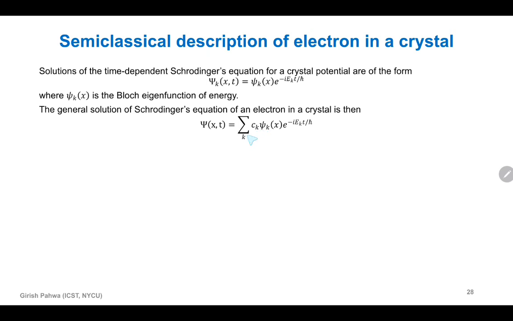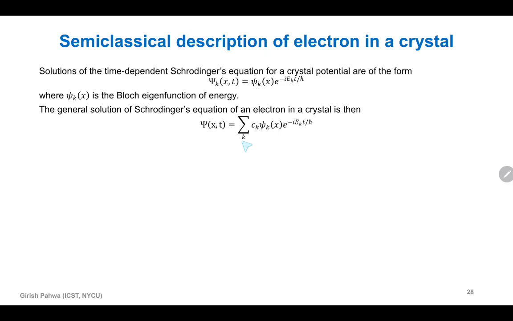is a constant and you have to sum this up over all possible values of k. What are all possible values of k? They can usually be contained in one Brillouin zone, because outside that it just repeats, so you don't need that.